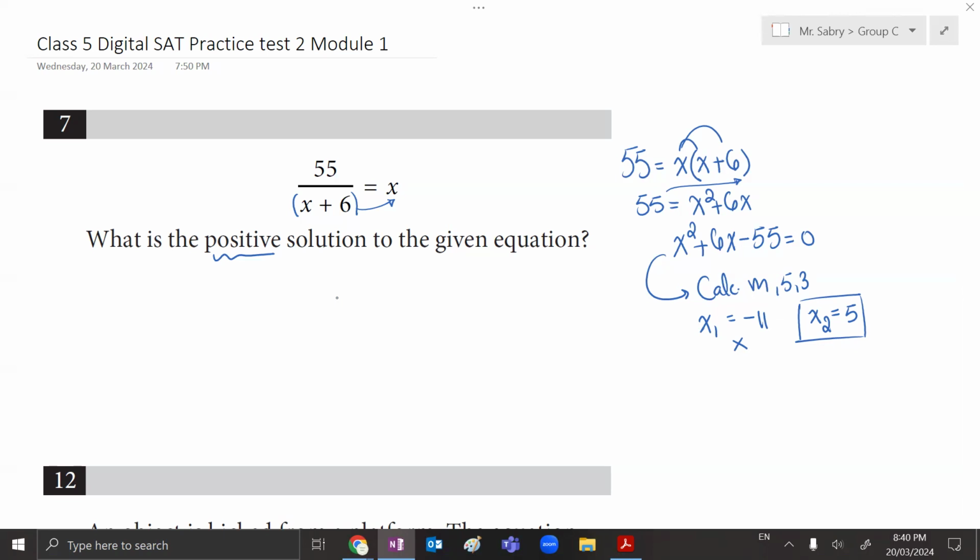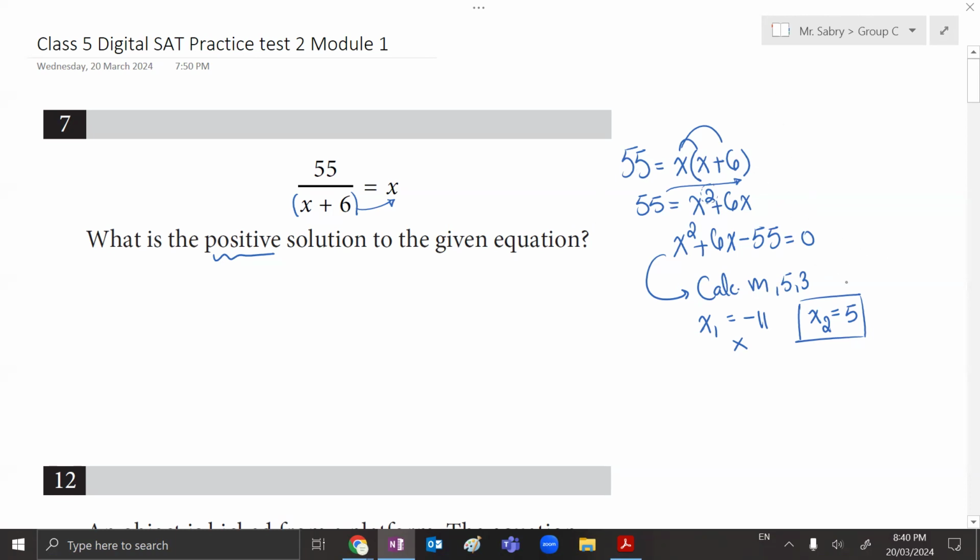Master? Yes. Because it was 55 equals x squared plus 6, that's like a linear function, yeah? Yeah, plus 6x. No, it's not linear. It's x to the power of 2 now, so that's quadratic. It's a quadratic function. Mode 5-3 only works on quadratic functions.